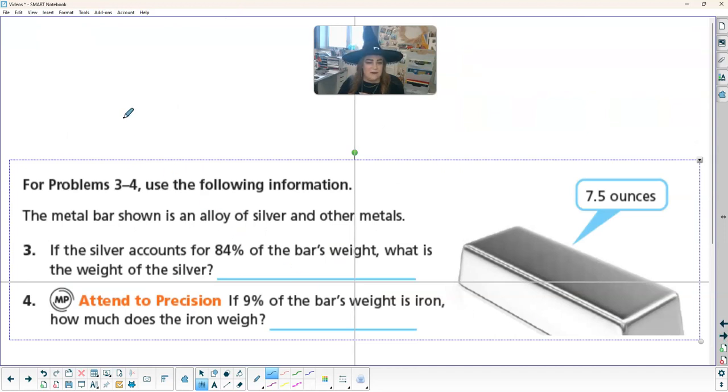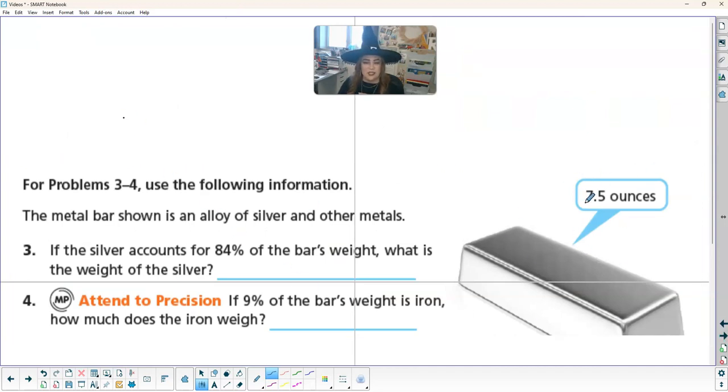So number 3 and 4, we're using this information here. The metal bar shown is an alloy of silver and other metals. It is 7.5 ounces. If the silver accounts for 84% of the weight, so this is the total weight, what is the weight of the silver? So this is number 3.